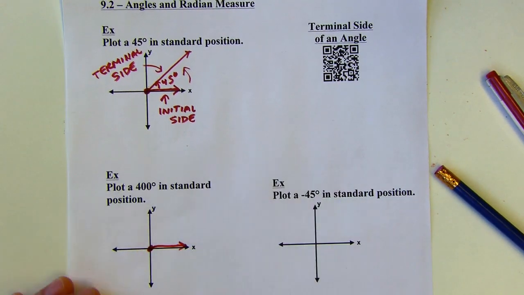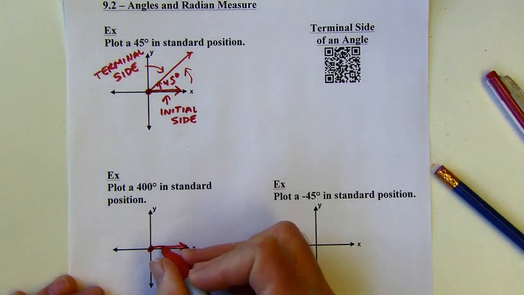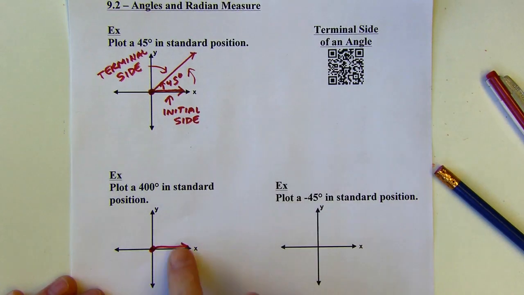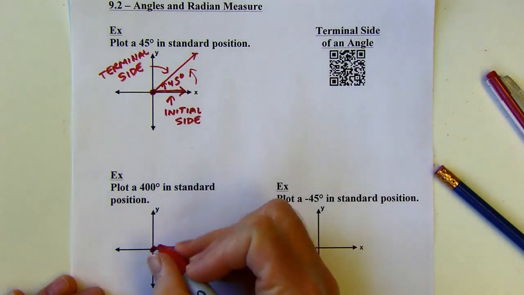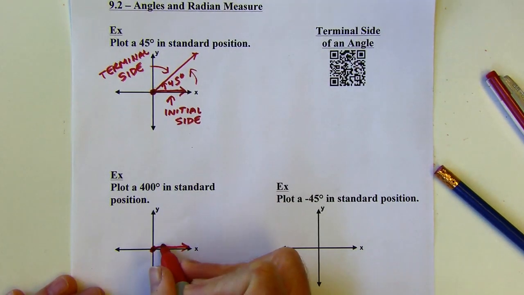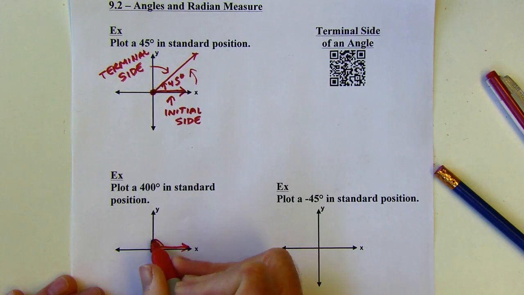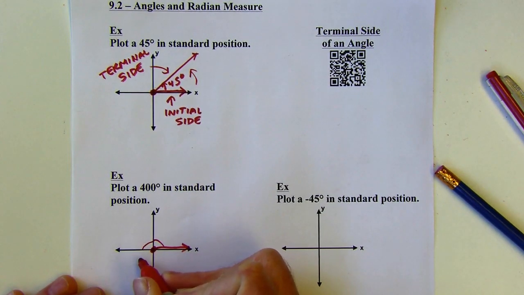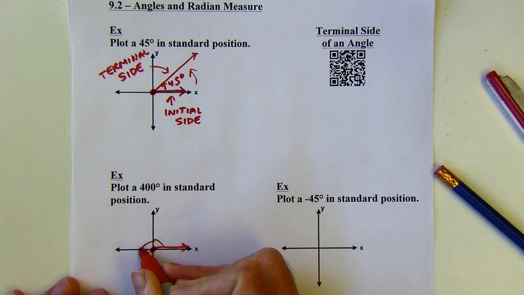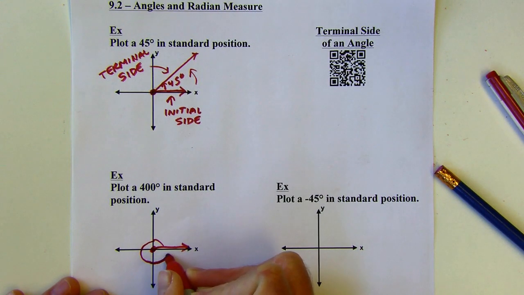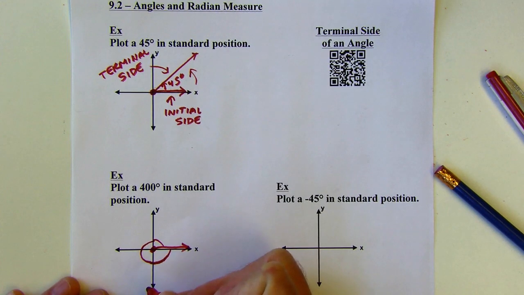So always going to start like that, okay? And then what I'm thinking to myself, I'm going to go around, since it's a positive angle, I'm going to go up, okay? And if I get to right here, that's 90 degrees, right? Now I'm at 180. Every quarter turn is another 90 degrees. So I'm at 180, this would be 270. And I'm going to kind of spiral this around. So right now I'm at 360, okay?